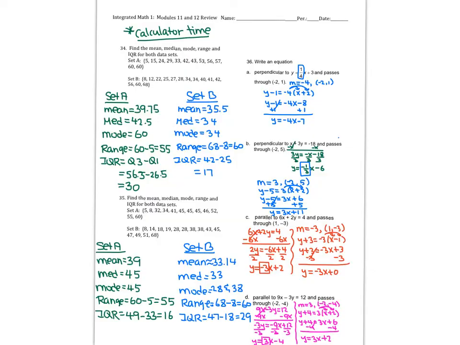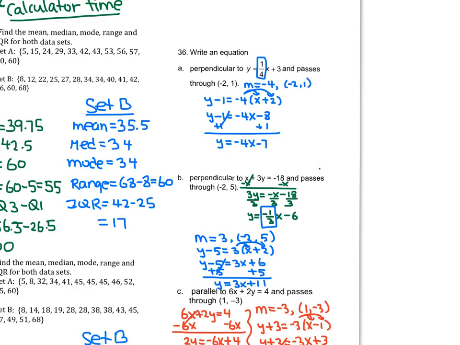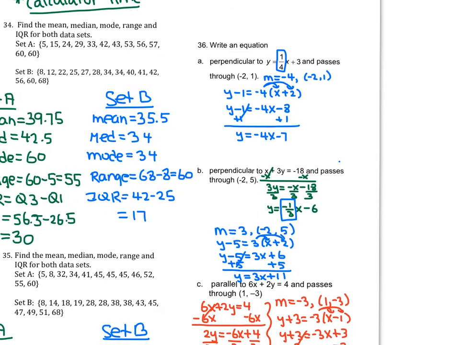On number 36, they want a line that's perpendicular to this line. So we're going to take the slope, which is 1/4, and we're going to give the reciprocal and change the sign. So that means my m should be -4. I also have a point, which is (-2, 1), and I'm going to substitute all that into point slope, which is y minus 1.